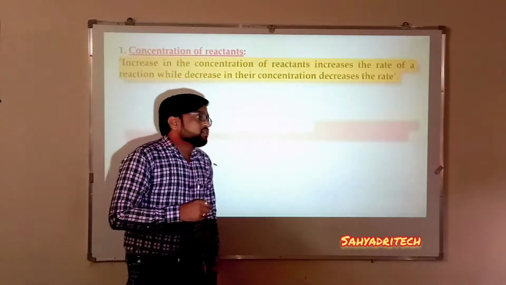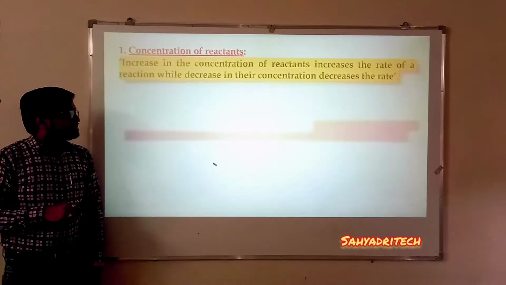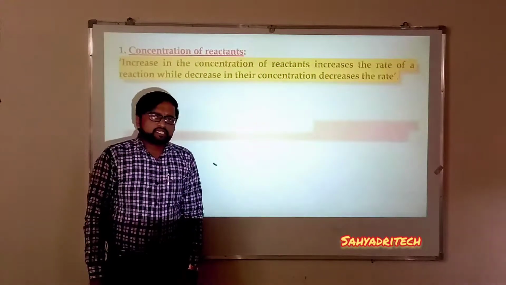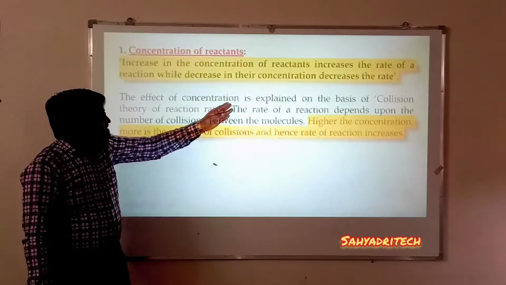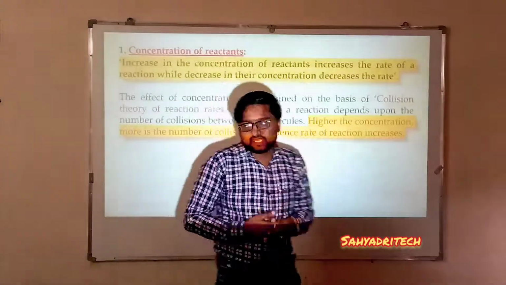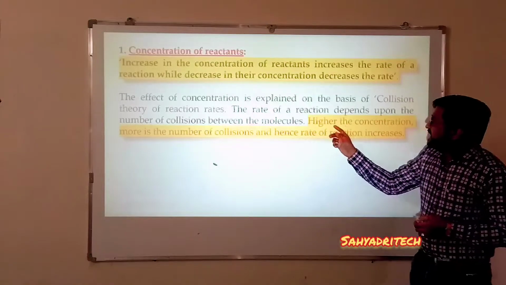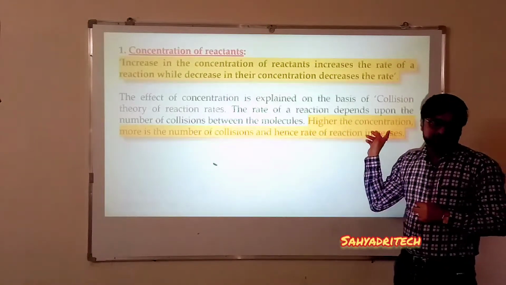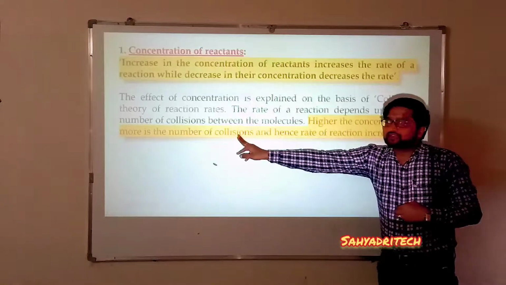Okay, well, what is the reason for this? The effect of concentration is explained on the basis of collision theory. Okay, the collision theory of a reaction rate. So what does it say? If the concentration is more, what happens? The number of collisions is more.